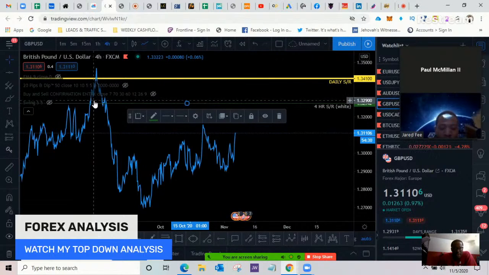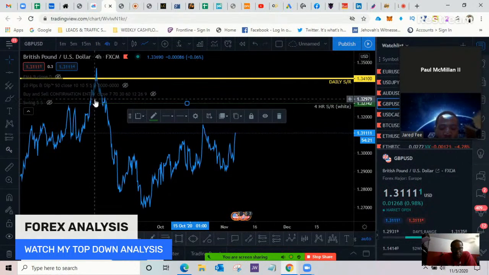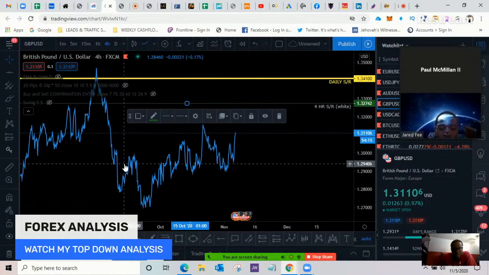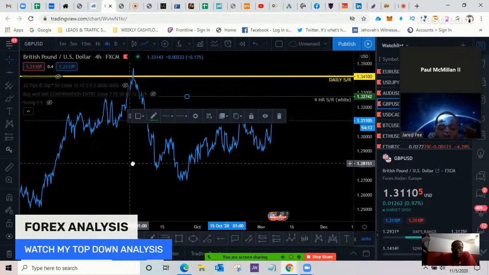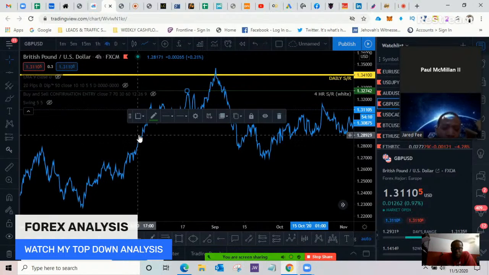So it hit this line as support. Even though it's not close to this price, it still respected it as support once price broke this line. Then it came down, hit support here, but eventually broke this line and came down again. So that's a good horizontal line to draw to start out with.